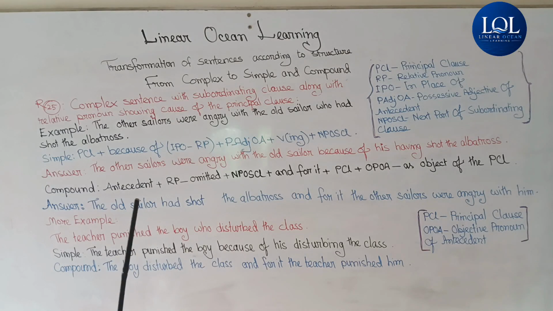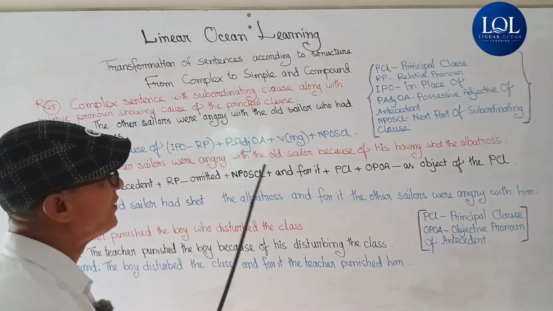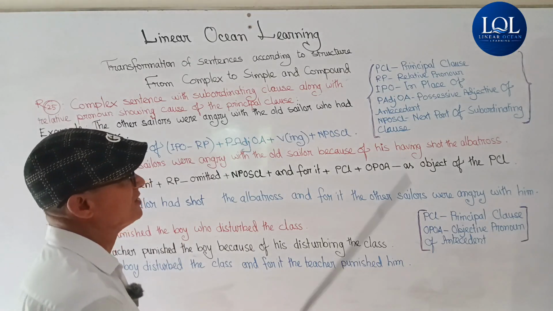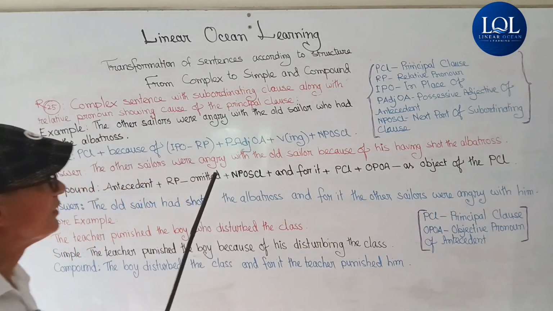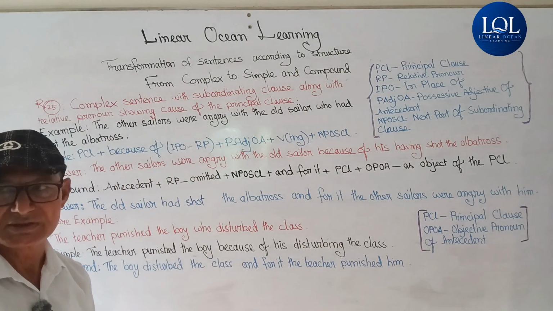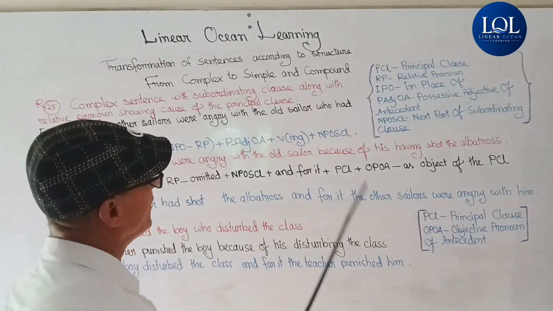Now, if we want to put it into a simple sentence, the structure we have to follow is... viewers, before going to the structure, I need to clarify one thing: I have used many abbreviations in my structure and I need to clarify them.